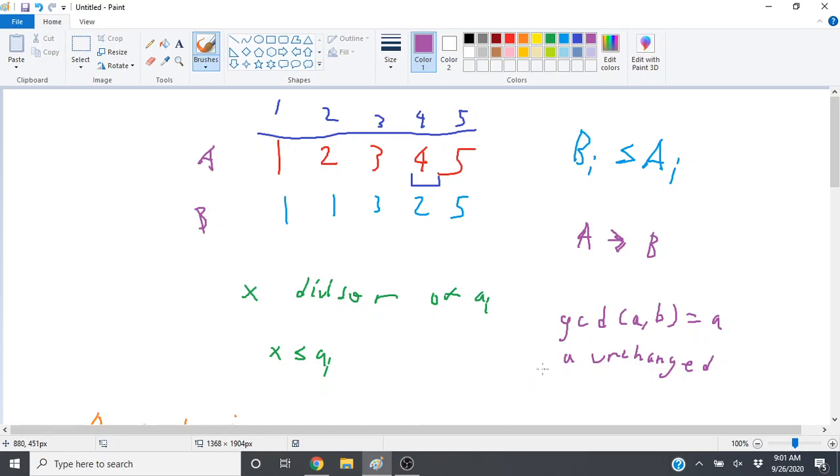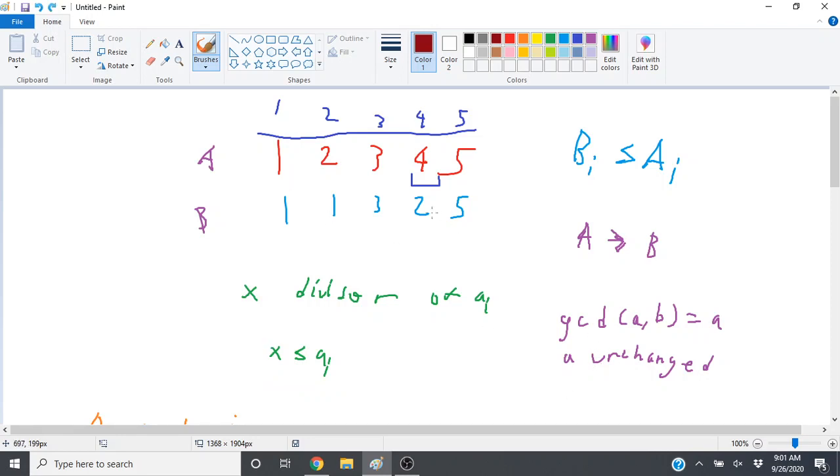And this is because it's a result of combining these two ideas that we figured out. First of all, divisors of AI are going to be in a previous element in the array from AI.